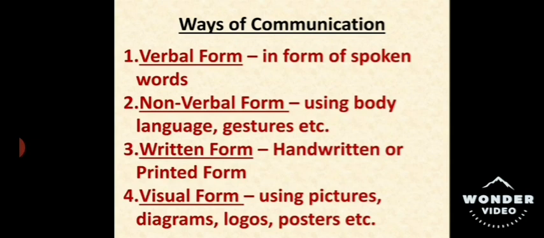For example, when we are sending applications in written form or sending emails, it is called the written form of communication. The fourth form of communication is visual form. That means using pictures, diagrams, logos, posters, maps or charts.